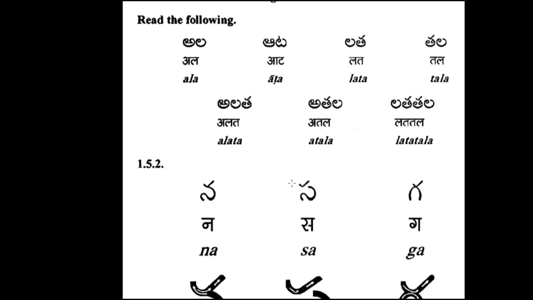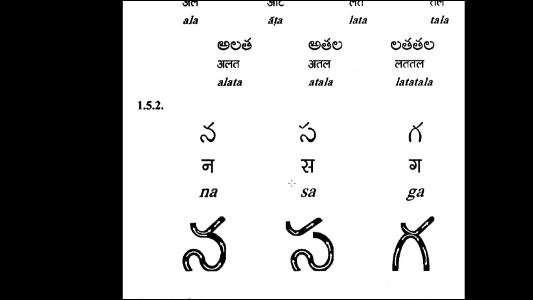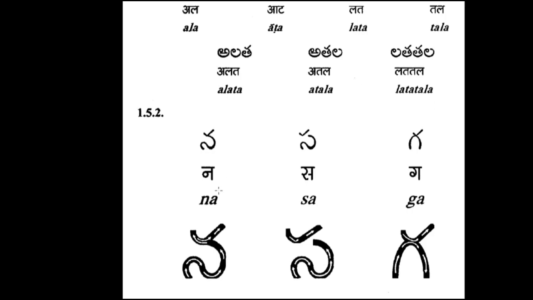Let's move to the next category of the letters. This is called na. Na. Sa, ga. Na, sa, ga. The difference between na and sa is, you see this na is continuous, and for the sa, between talakattu and the actual letter, there is a little gap.